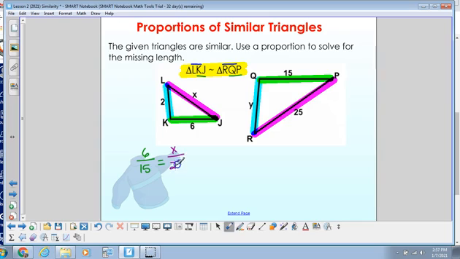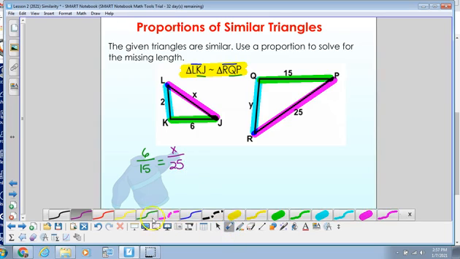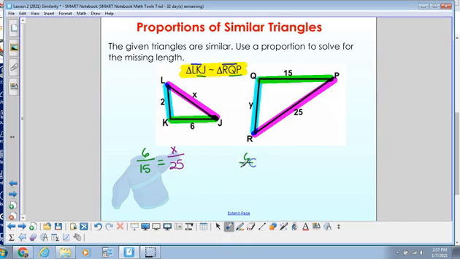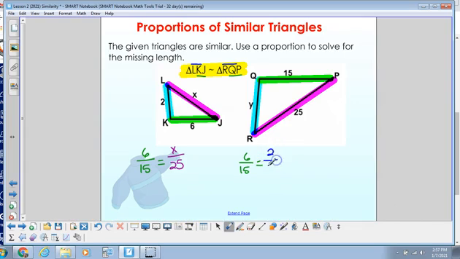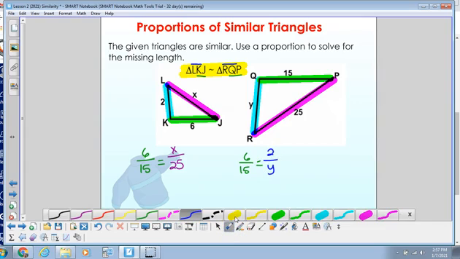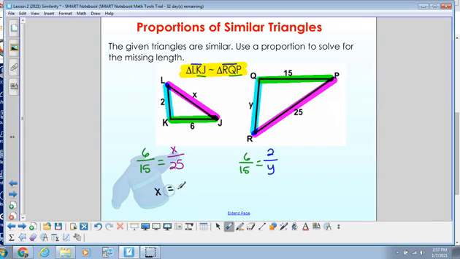And I'm also... And when we solve these proportions, we should end up getting that x equals 10, and we get that y equals 5.